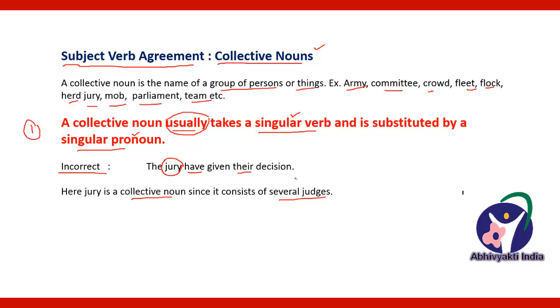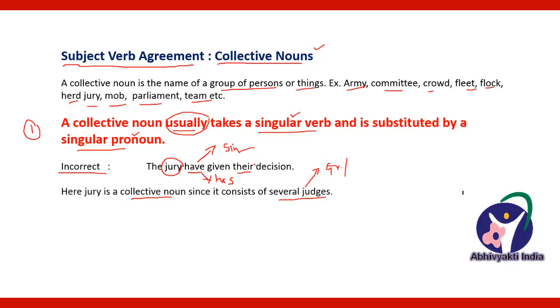And since it is a collective noun, it is a group and it acts as a single unit, and therefore it is considered singular, and therefore it takes a singular verb. And have is not a singular verb, therefore it will be replaced by has, and therefore correct is the jury has given.